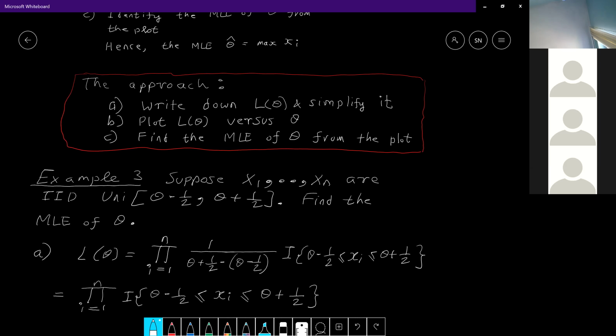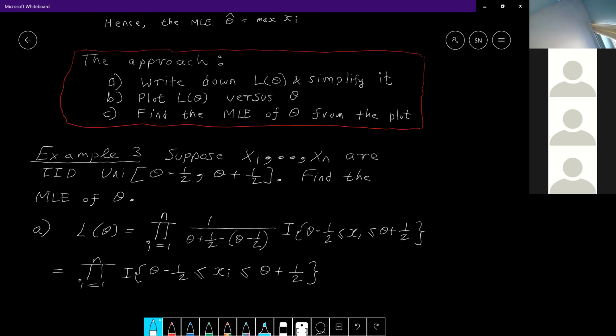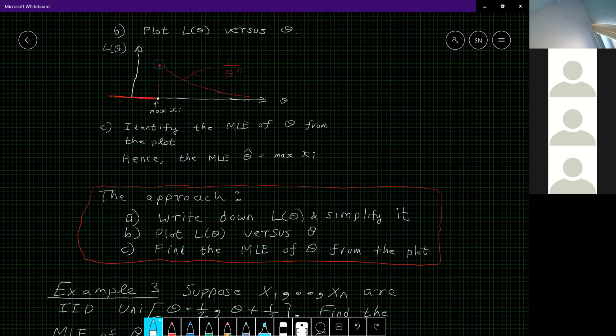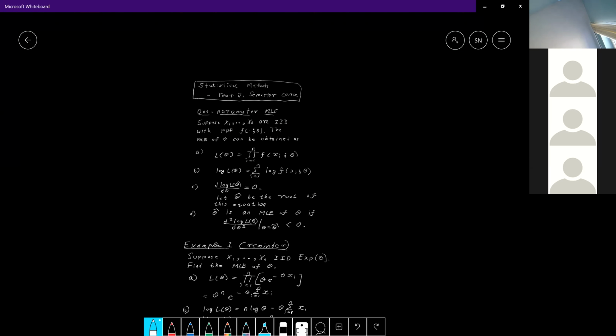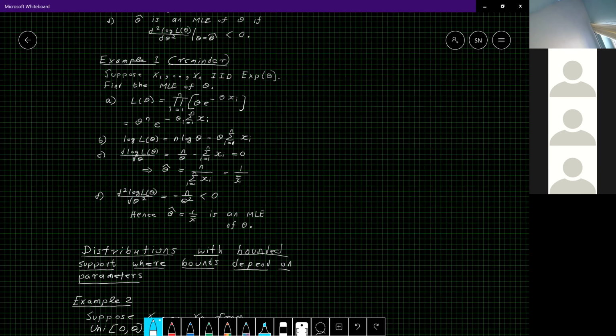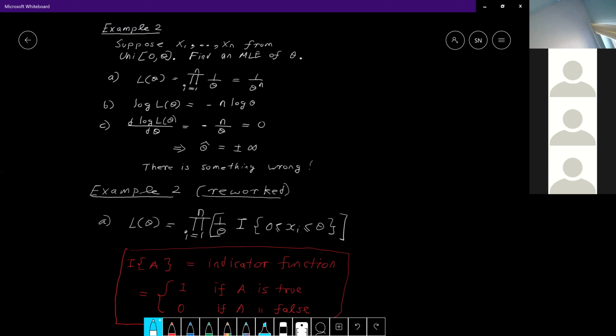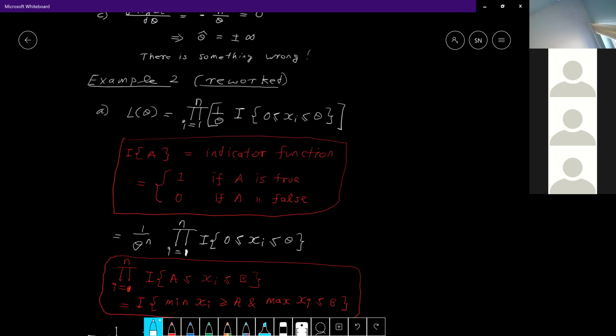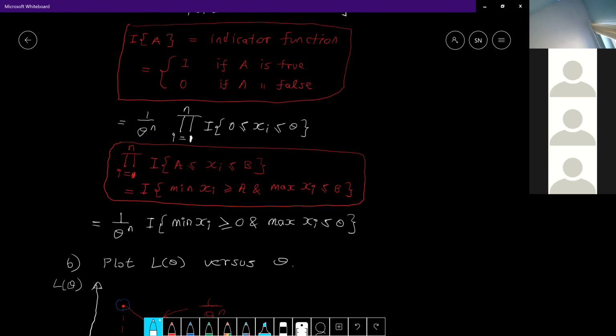Okay, now I'm going to use the rule I mentioned earlier. I know some of you came late, but this is the rule that I mentioned to you guys earlier. The product of an indicator function of this form is equal to this.